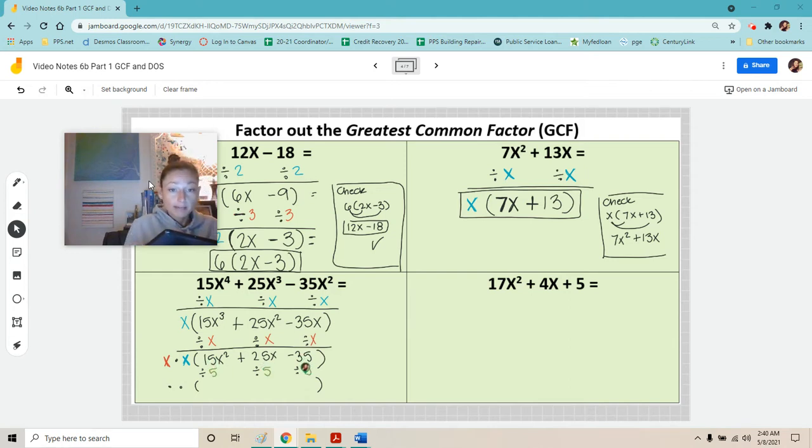So now on the outside, I'll have 5 times x times x. And on the inside, I'm going to have 15 divided by 5. That's 3.